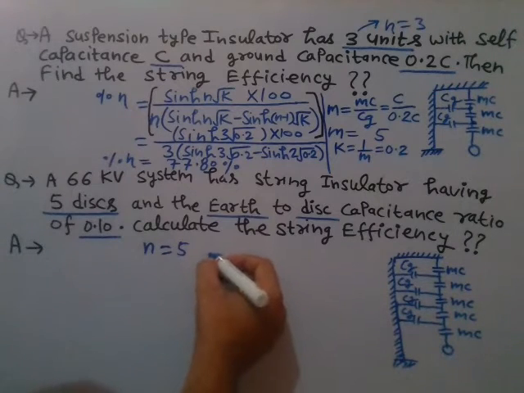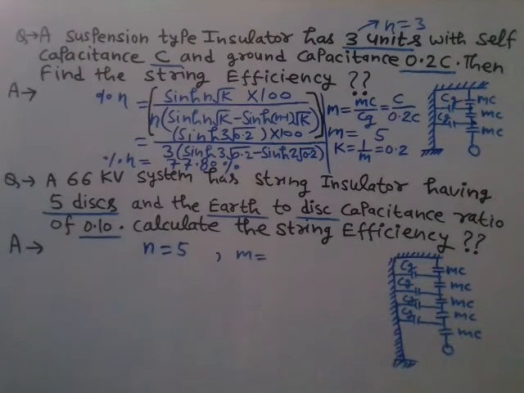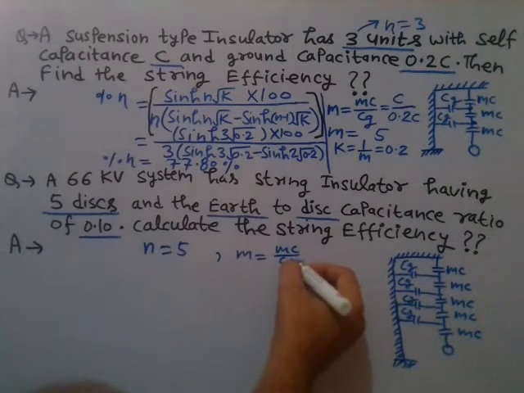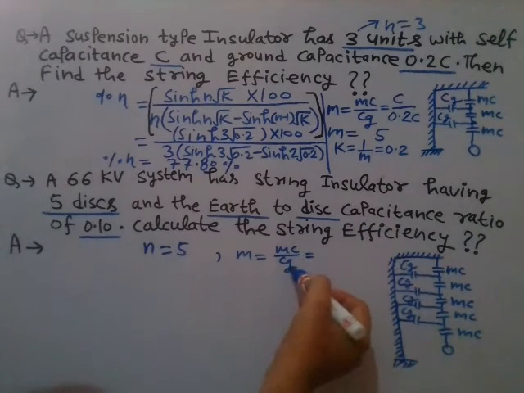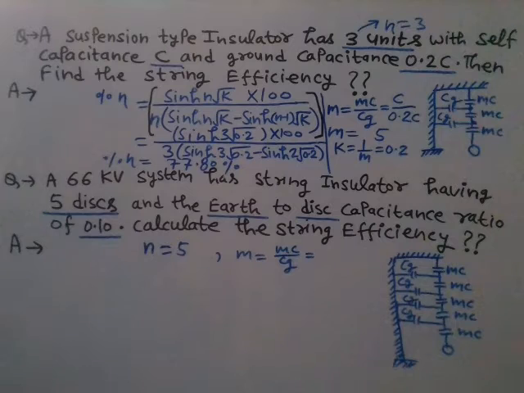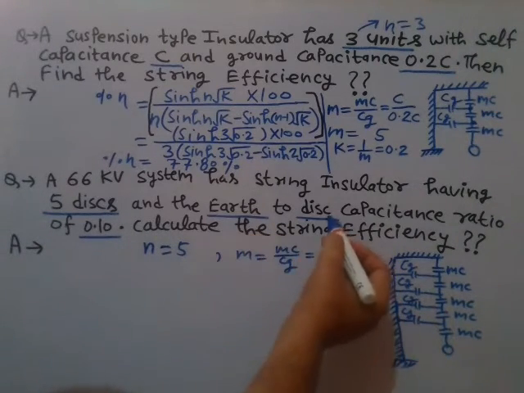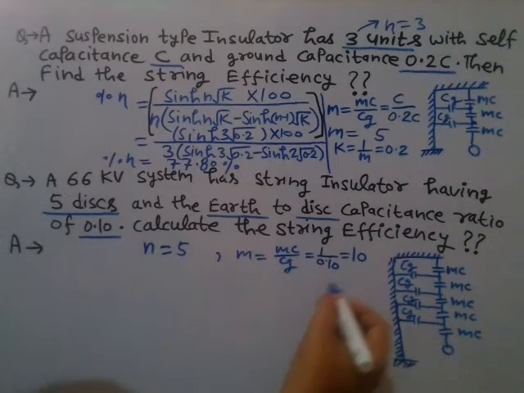So here you can calculate factor m, that is basically mutual capacitance to the ground capacitance, or you can say the disc capacitance to the earth capacitance. It is given as inverse of 0.10, so disc capacitance to earth capacitance is 1 by 0.10, so here it is 10.